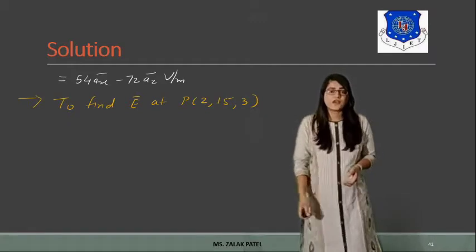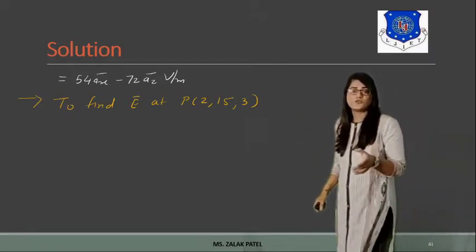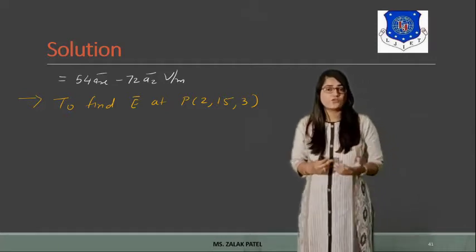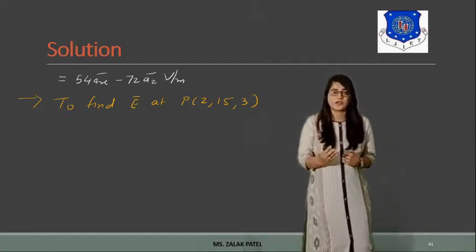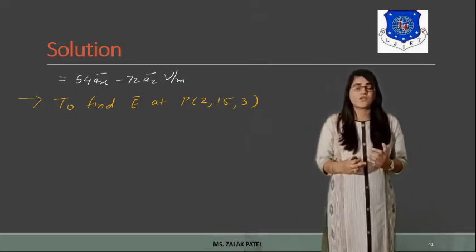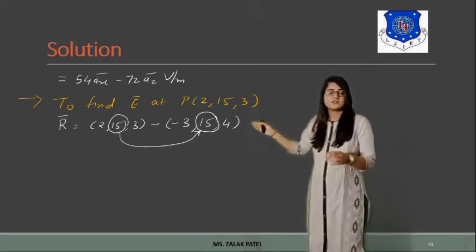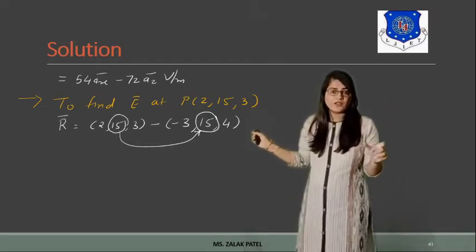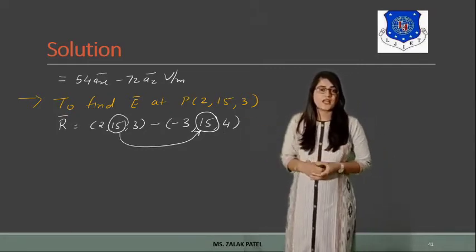Now to find out the field intensity at (2, 15, 3), first again you have to find out the distance vector, that is r bar, and the unit vector, that is a_r bar, and from these two values you get the value of E bar. So again r bar is the point where we desire field intensity, that is (2, 15, 3), minus the point where the charge is located.